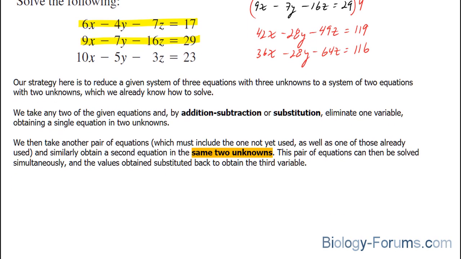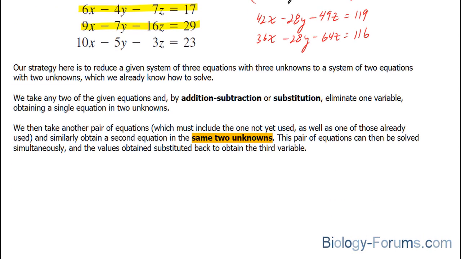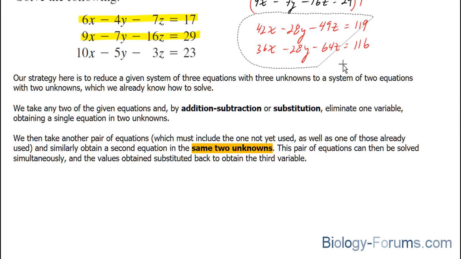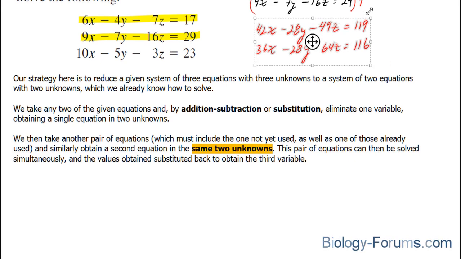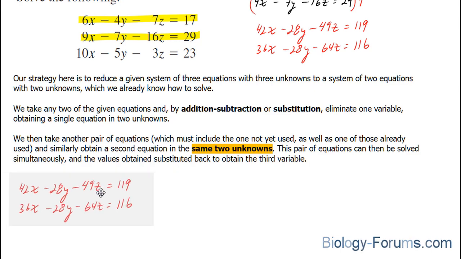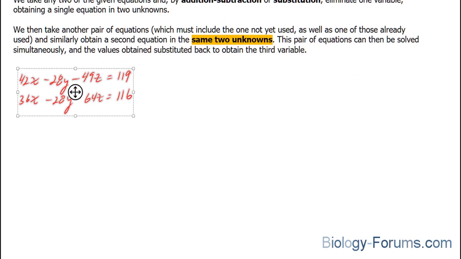Wonderful. So what we'll do next is bring this over down here. My mistake. Let's try that again. We'll bring this over here, and what we will try to do now is eliminate the y.